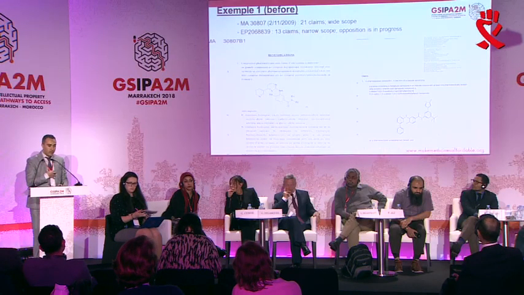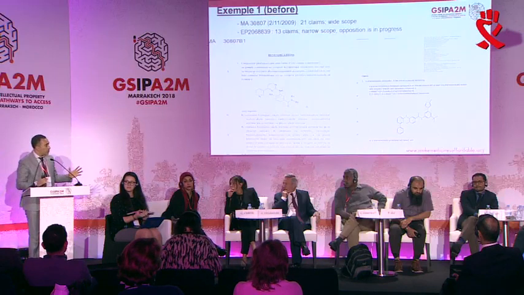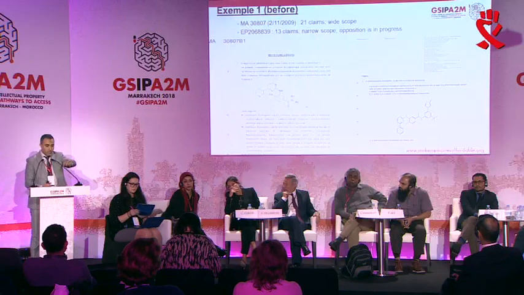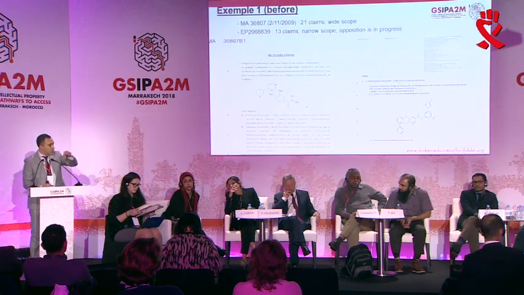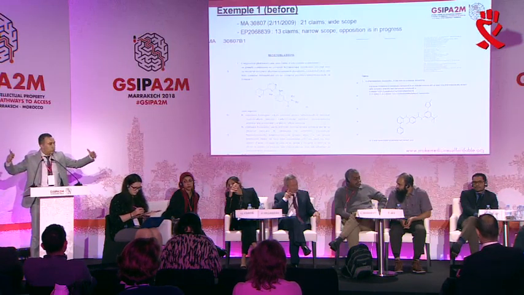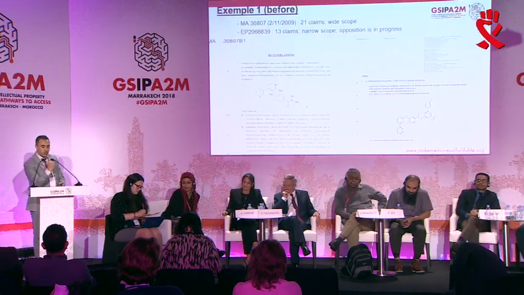La version marocaine du brevet contient 21 revendications, avec une étendue de protection très large. On voit ici une formule chimique avec des radicaux, et chaque radical, c'est une famille large de produits, etc. Ça, c'est la version qui a été délivrée dans l'ancienne loi.